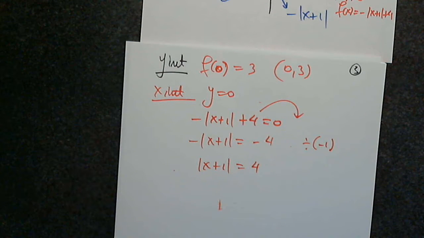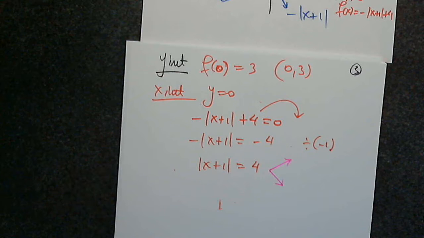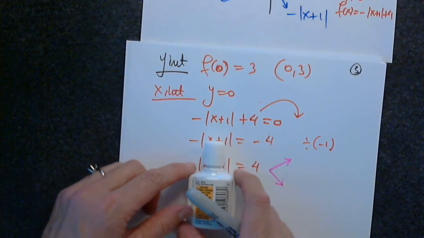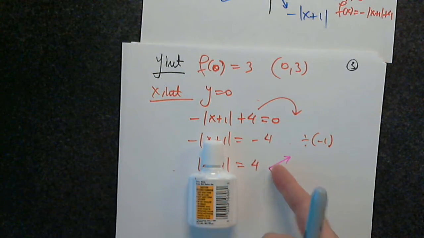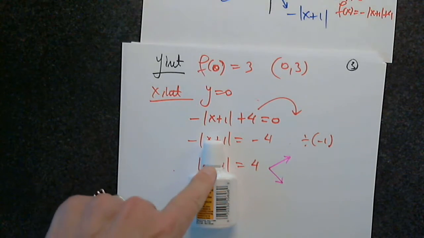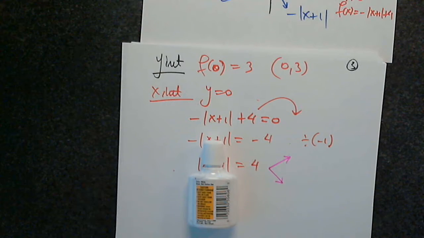Absolute value is not a grouping symbol. You cannot touch the inside. You cannot do anything to the inside. Now, what do we know from the previous course? What are the options now? One option is, remember how we think. What can I have here so that the absolute value is 4? What number? 5? No, because the absolute value of 5 is not 4. -3?